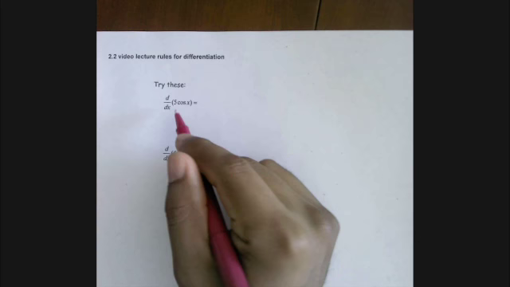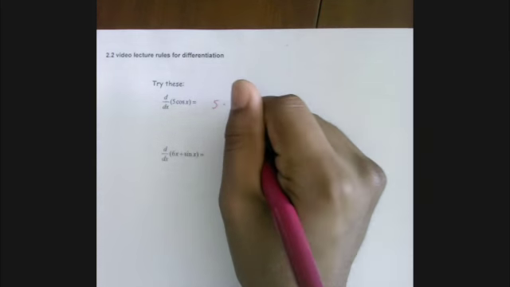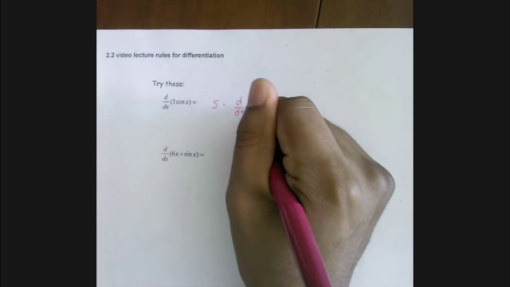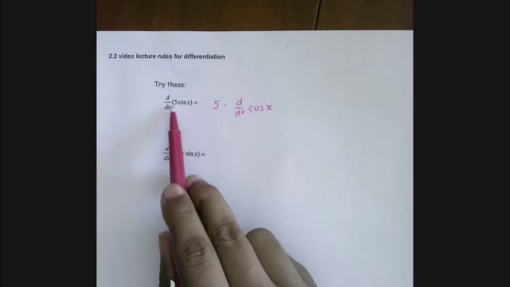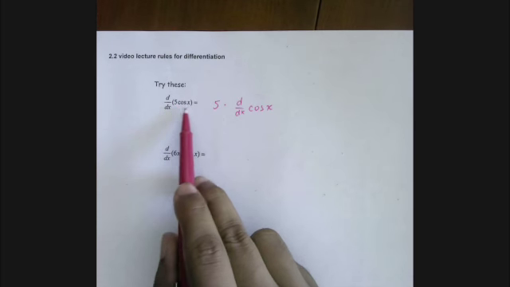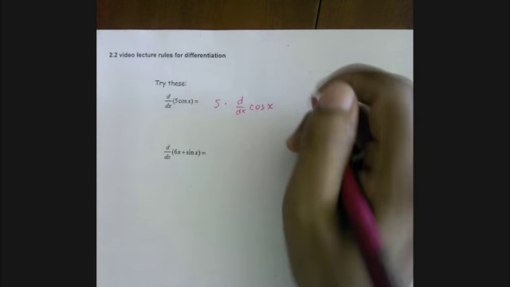The derivative of 5 times cosine x, we have 5 times d dx of cosine x. And again, we took the 5 out because this is the constant multiple rule. 5 is a coefficient for cosine x, so we don't really need to worry about it for d dx.